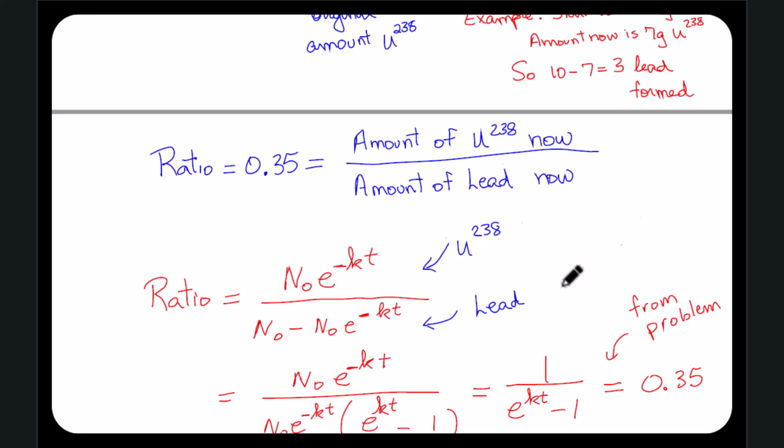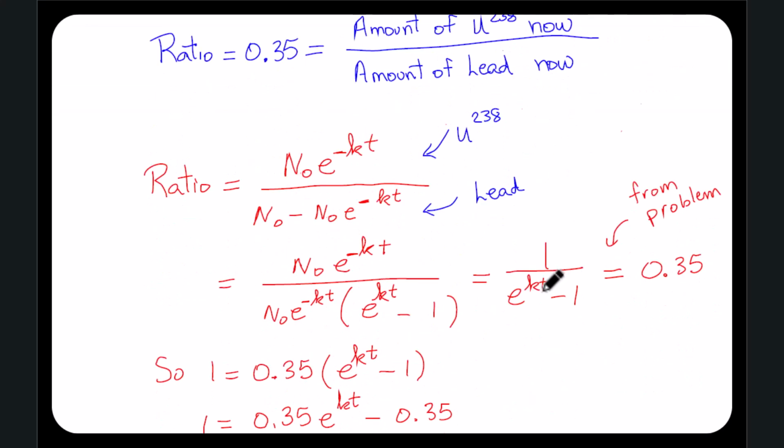Looks rather complicated. So what I did was I factored out of the denominator an N0, and I also factored out an e to the minus kt. I did that because I'd like to get this thing to cancel. So let's make sure this is correct.